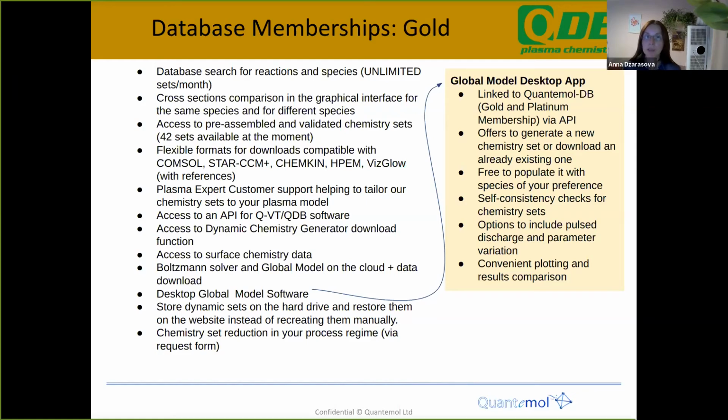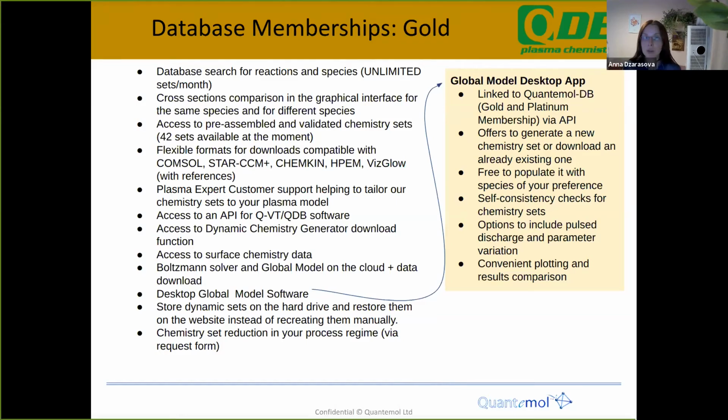Here you have an unlimited number of reactions or cross sections you can download per month. You can compare different cross sections in one graph. We also pre-assembled 24 sets of chemistries, which you can use as a starting point for modeling of your plasma.